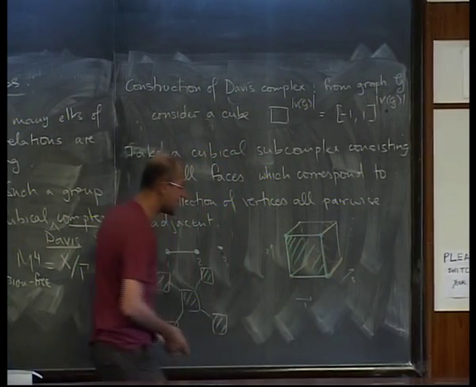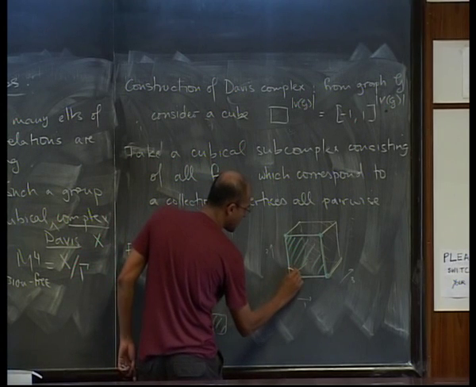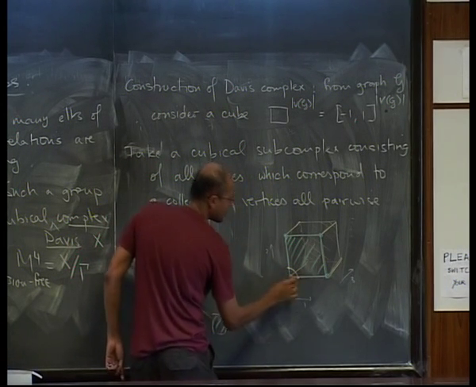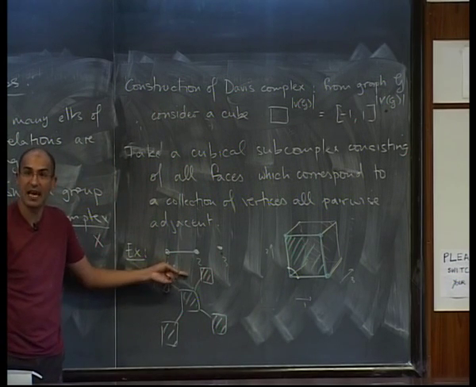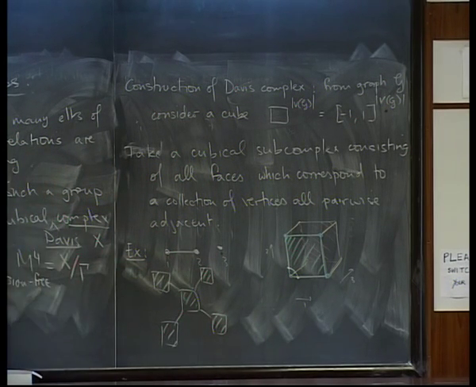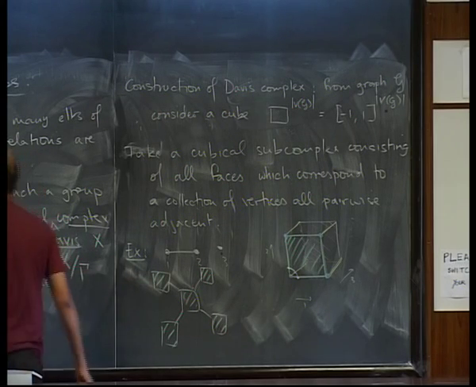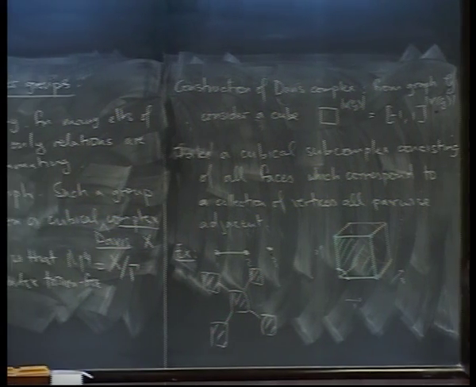If you look at any of these, the link there is naturally a copy of, on the one hand, that arc, and then a single point, which you notice in this case is exactly the full simplicial complex corresponding to that graph.